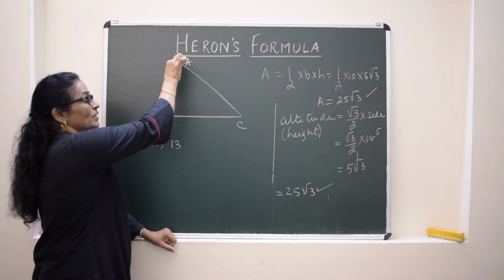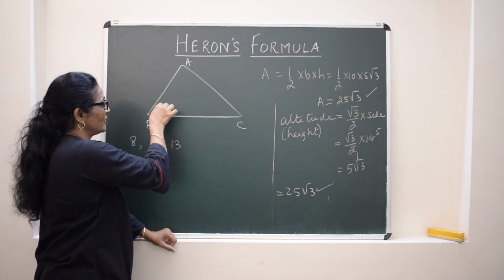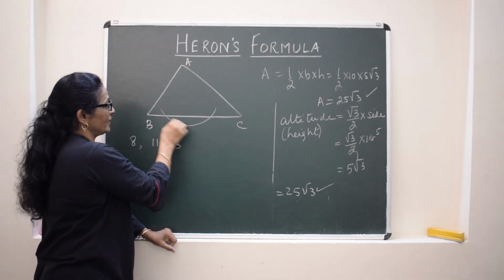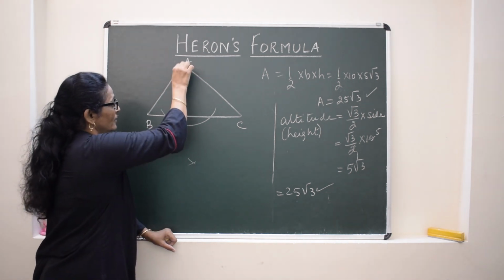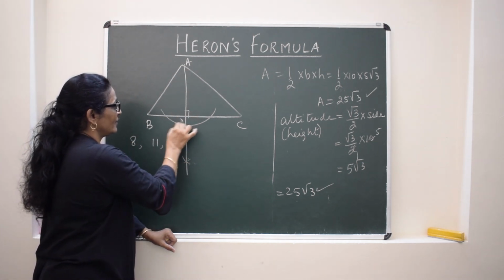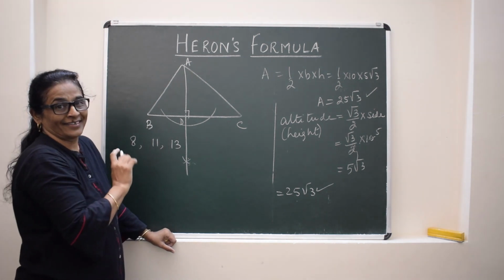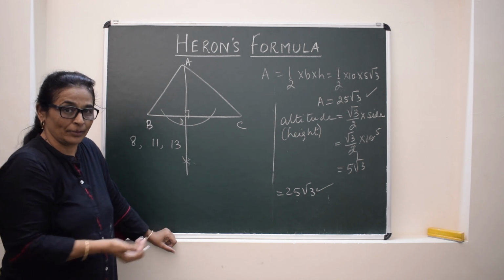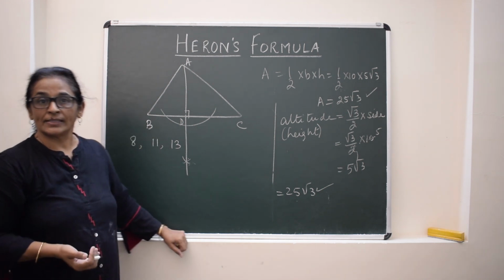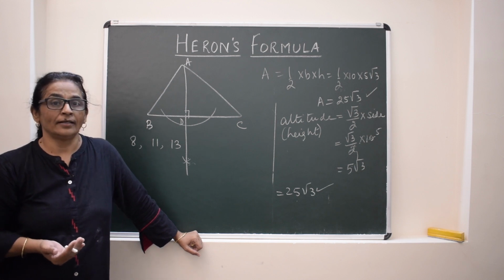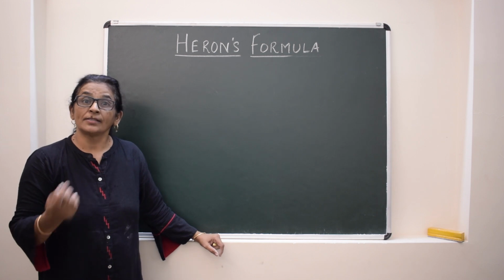From this point A, if we drop a perpendicular and measure this perpendicular in centimeters, then we can find out the area, but we will not go to that part. Rather, we will see how to calculate the area of a triangle when its three sides are given. So now we will see what Heron's formula is.